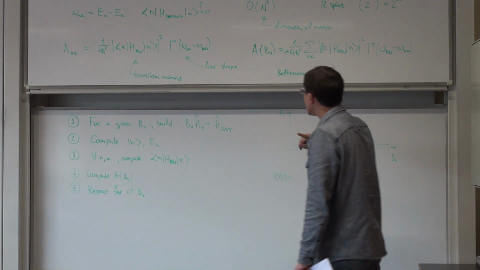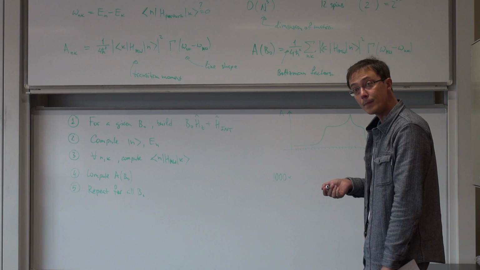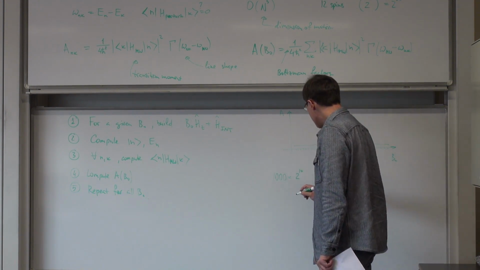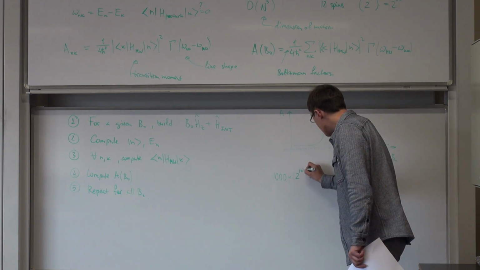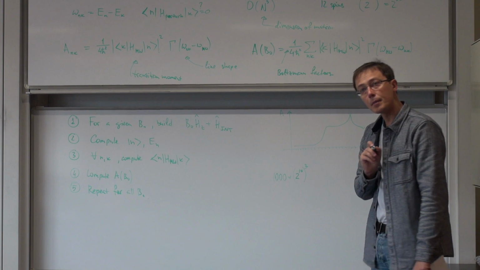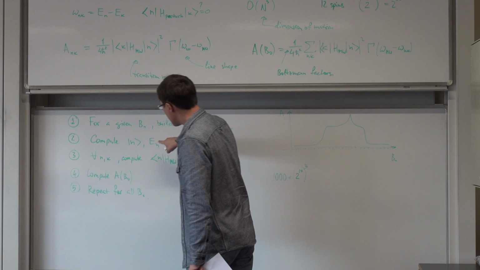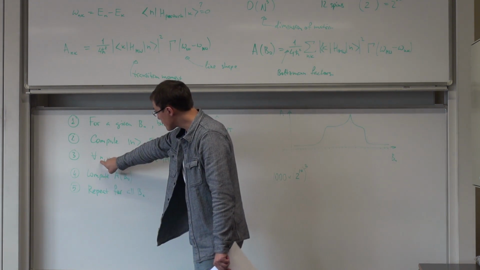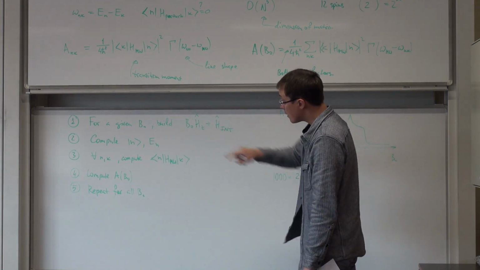If we have a 10-spin system, the Hamiltonian will be 1024 by 1024, so 2 to the 10 by 2 to the 10. And its diagonalization will require 2 to the 10 cubed multiplications. Then for all n and k, there are 1,000 n's and 1,000 k's, so 2 to the 10 energy levels.